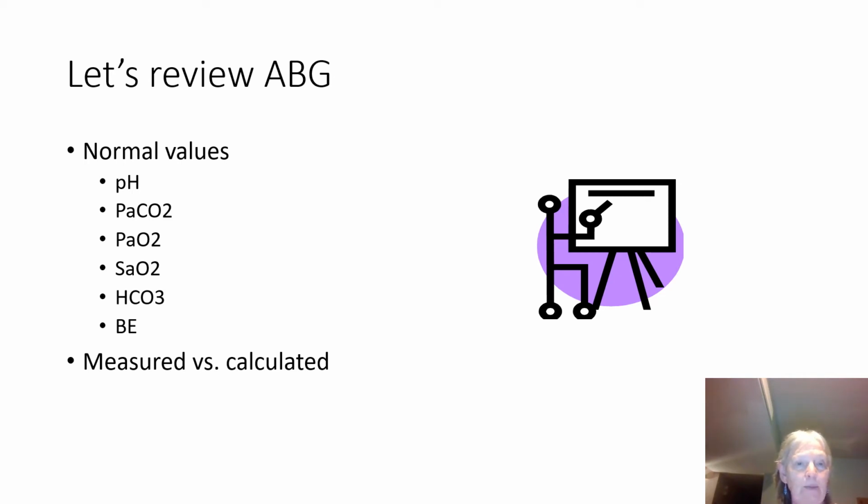The other thing I want to mention about ABGs is that when you're interpreting them, you have to interpret both sides of the ABG. You need to interpret the acid-base balance, which is your pH, your PaCO2, your HCO3, and your base excess.